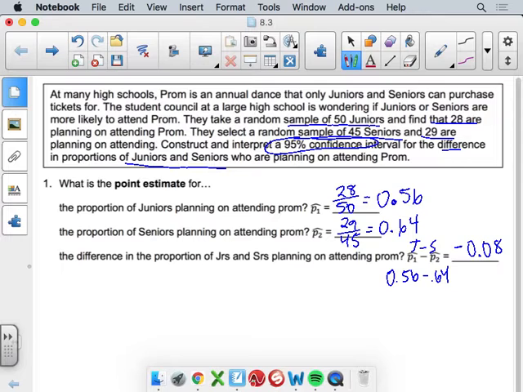So interpreting that negative number, juniors minus seniors, just means that the senior number was bigger, which we can obviously see.